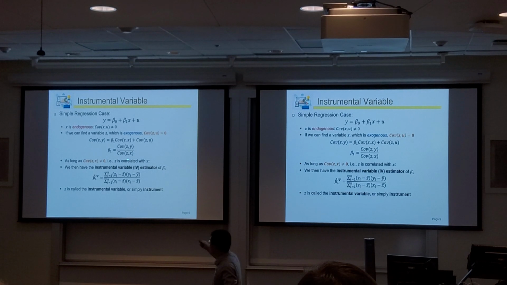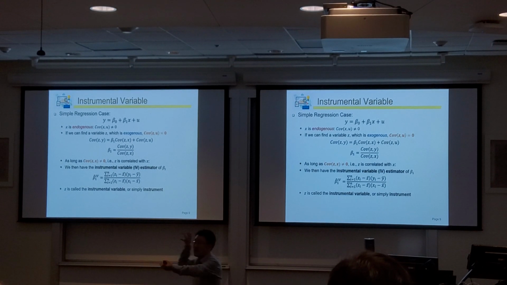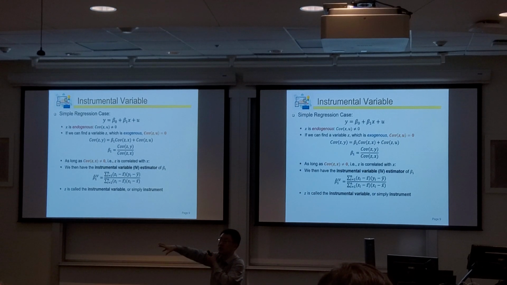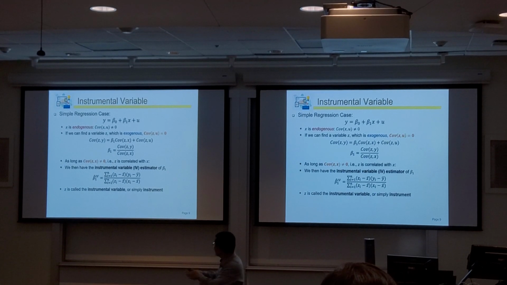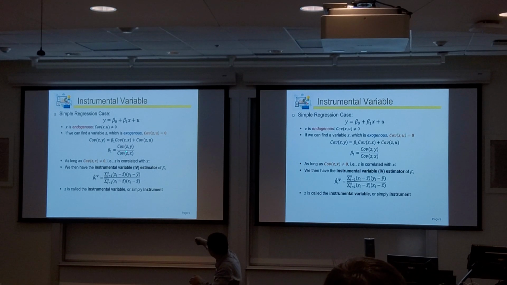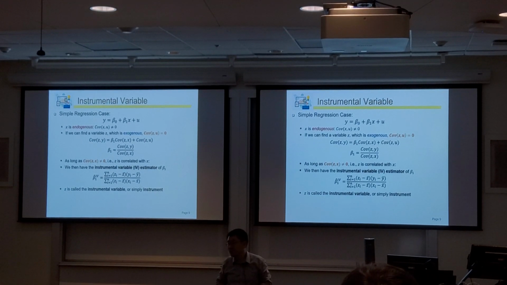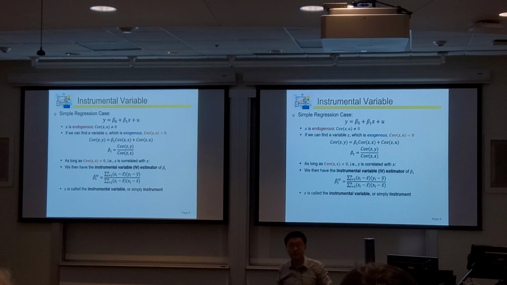You see, if the covariance between z and u, this exogenous variable that we found, and the error term, the correlation, right? The covariance is 0. So then this one is 0. So beta 1 is equal to this. As a result, if you can find this z variable, you actually can estimate beta 1 just through this.